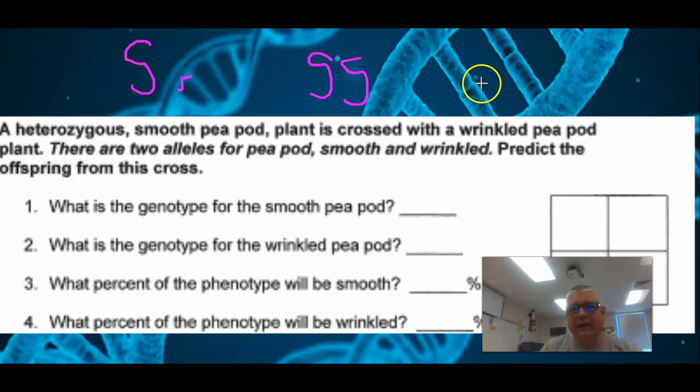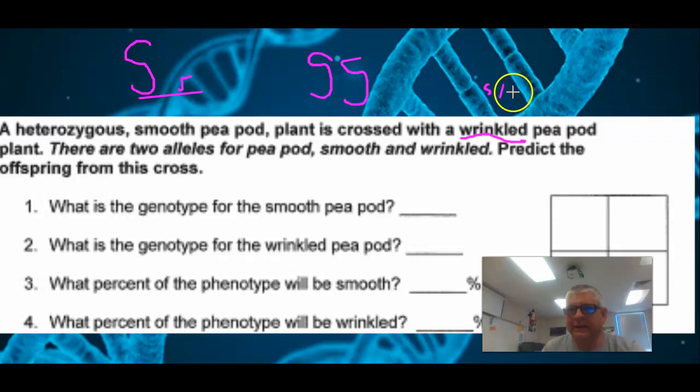Okay, now so we know this is the setup right here for this one. So now we have to figure out the setup for this wrinkled here. Well, this doesn't show up. The only way the wrinkled will show up is you have to have another wrinkled. You can't have a dominant. So you've got to have the two little s's in order for it to be wrinkled.